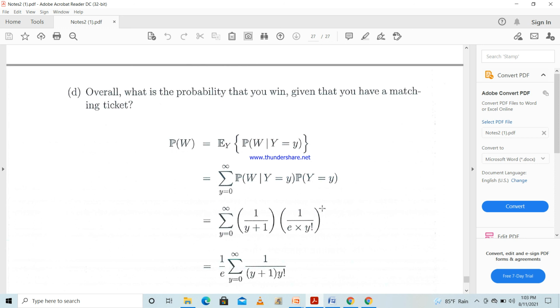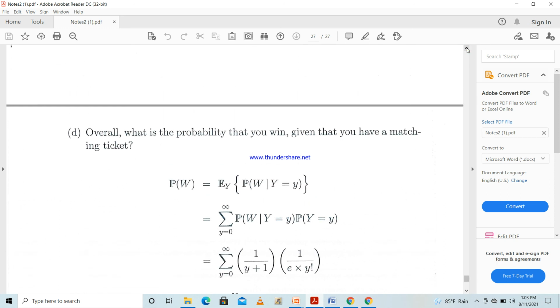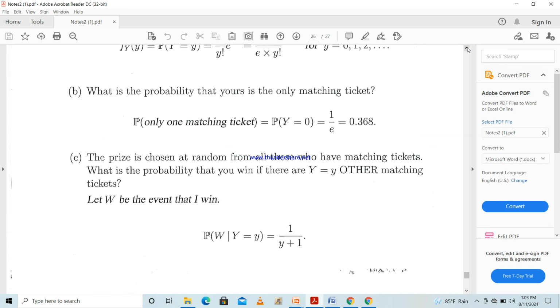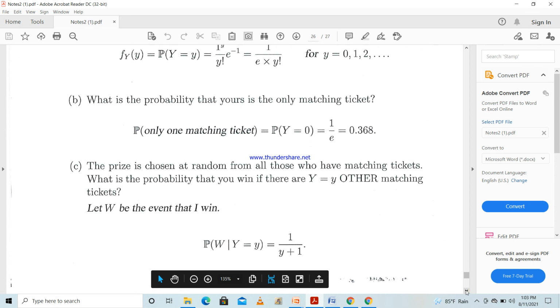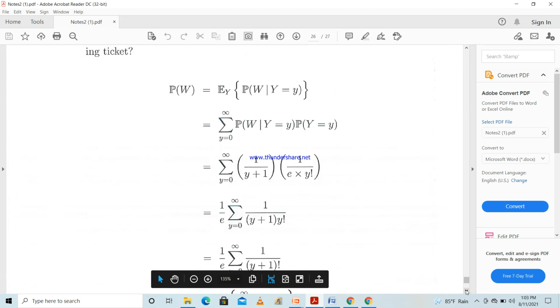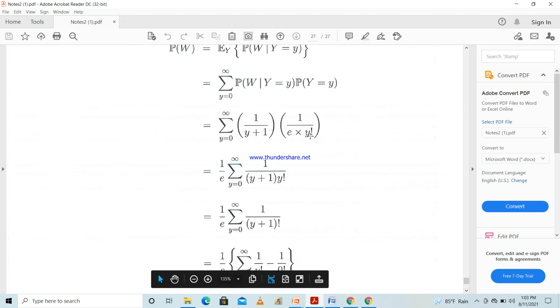The probability that Y equals y we can take from the Poisson distribution, which we derived as 1 over e times factorial y, so we can substitute that here.